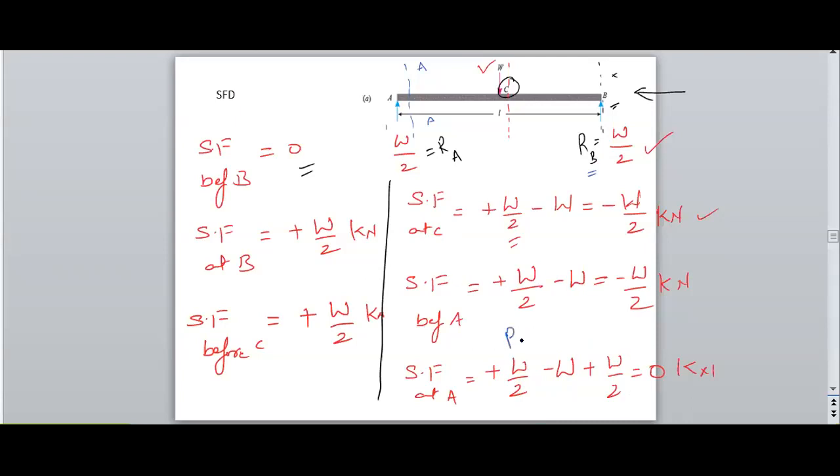This is RB value, and this is W, and this is RA value. Therefore, the net value is 0. Therefore, using these shear values, I need to draw the shear force diagram under the beam.